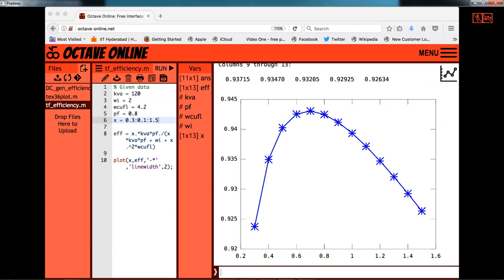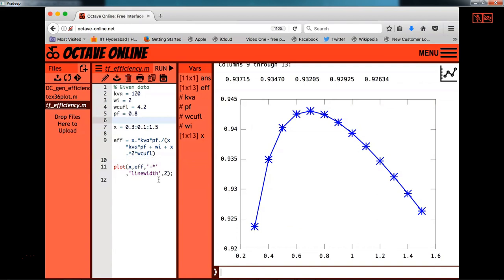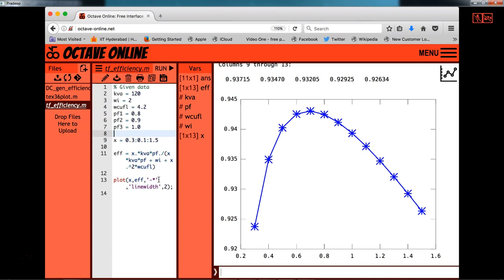So this is efficiency with power factor 0.8, and then I'll take power factor of 0.9. So I'm defining PF1 and PF2. One power factor is 0.8, another power factor is 0.9, and another power factor I will define PF3, that is 1.0, unity power factor. So three different levels of power factors I am assuming.